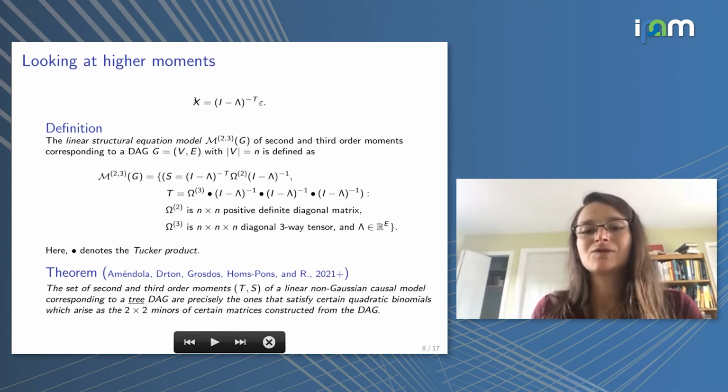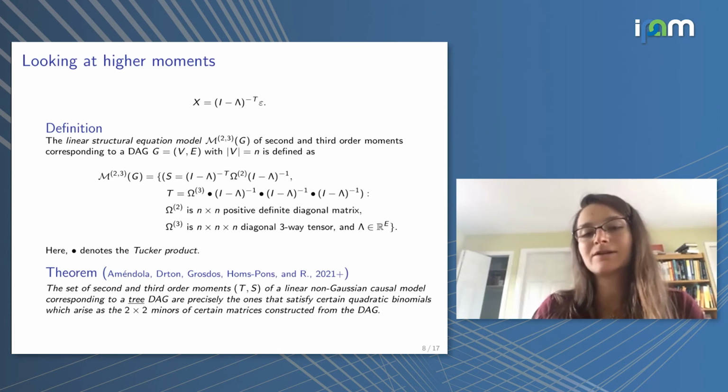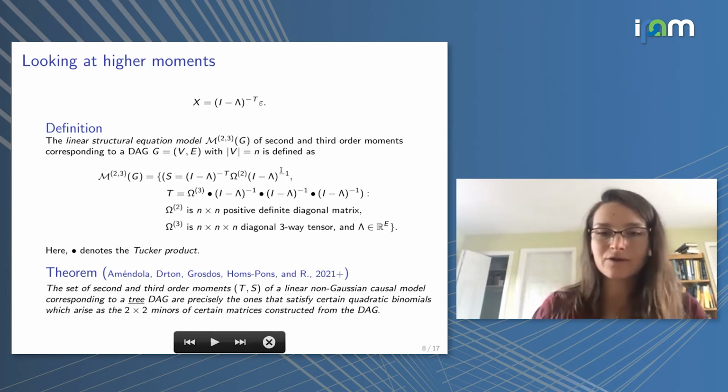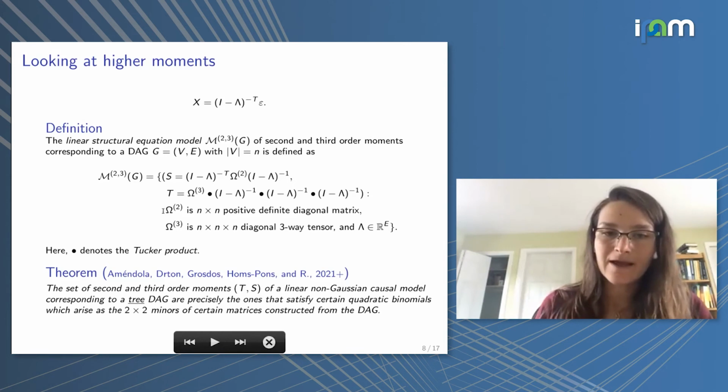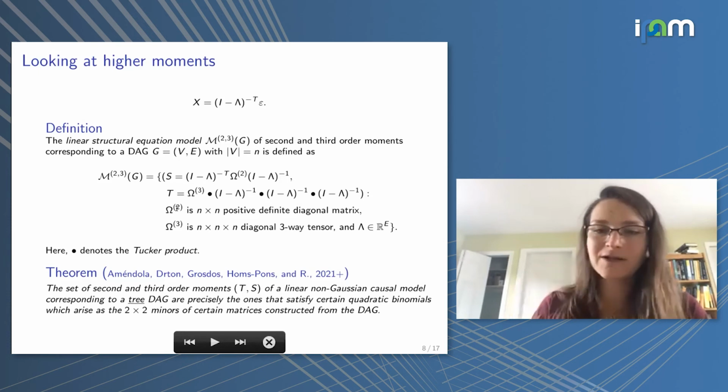T also has structure because omega 3 is a diagonal tensor, an n by n by n diagonal tensor. And lambda again comes from the DAG, so it lies in R to the E. Of course, the covariance is the same as for the Gaussian case: S is (I minus lambda) inverse transpose, times omega, where omega is positive definite diagonal, times (I minus lambda) inverse.